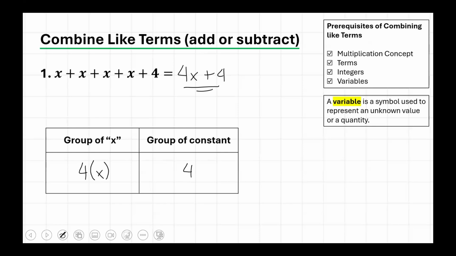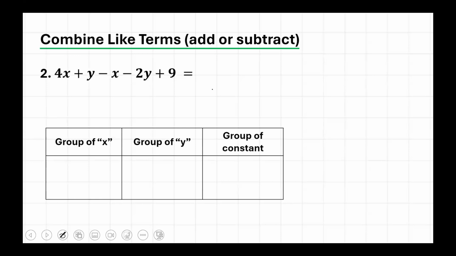For the second example, we have 4x plus y minus x minus 2y plus 9. Here we have x, we have y, and we have 9. Since it doesn't have any variable beside it, that's what we call a constant. Let's try to group all the x's and y's. We have 4x, and negative x.